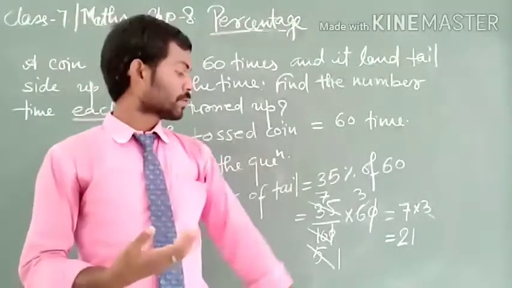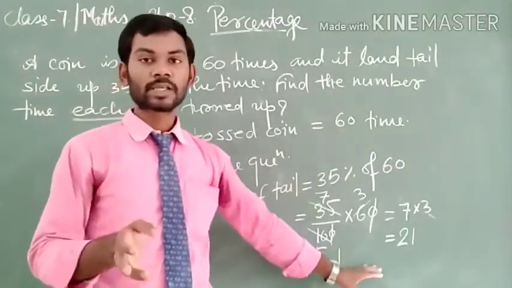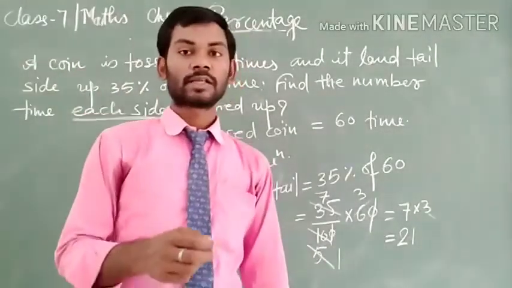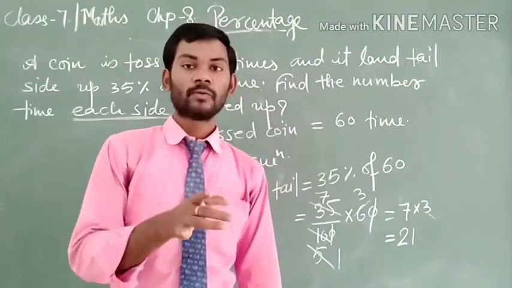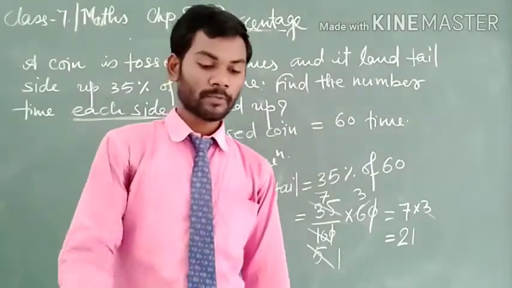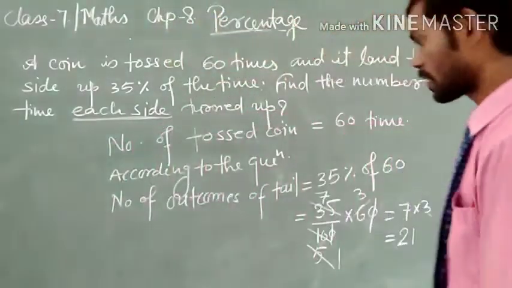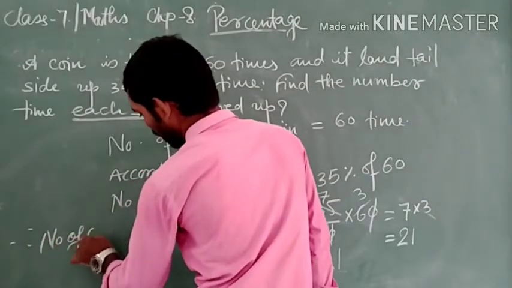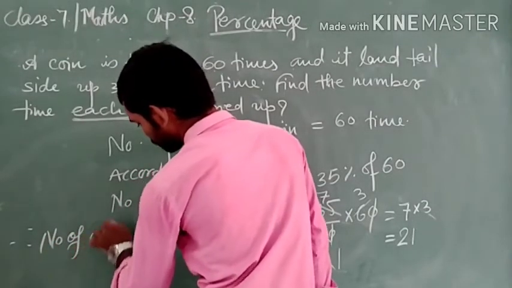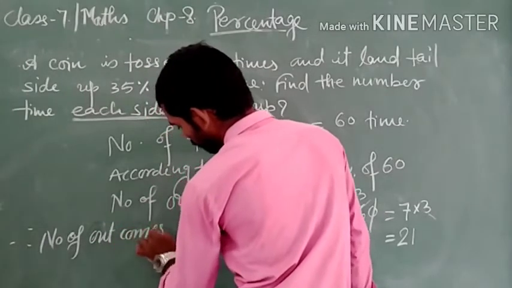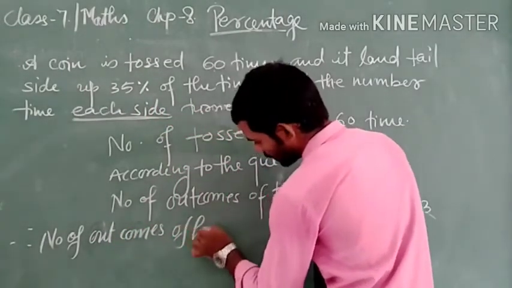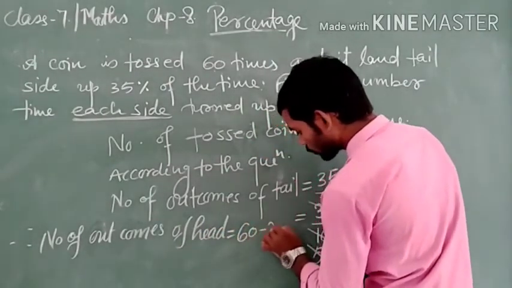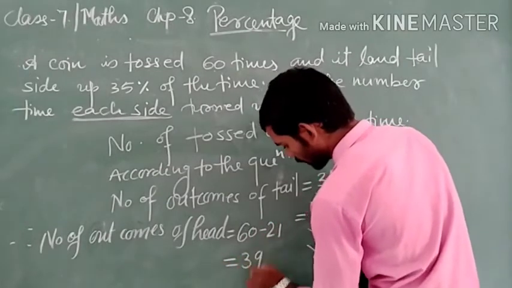So if 21 out of 60 is tail, then 60 minus 21 will be the number of outcomes of head. Therefore, the number of outcomes of head is equal to 60 minus 21, which is 39 times.